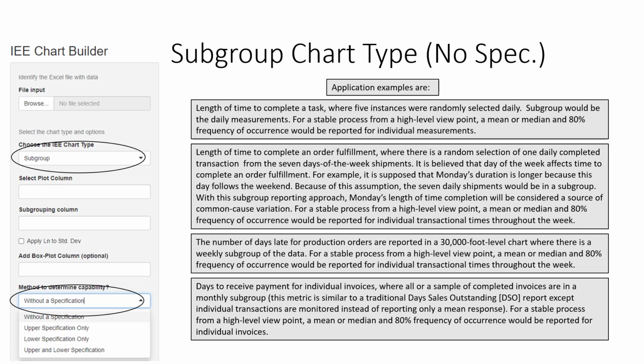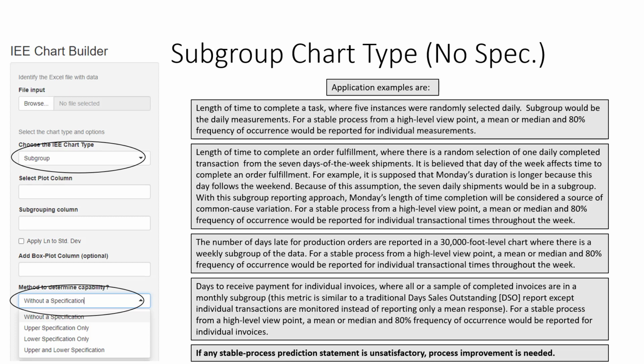This metric is similar to a traditional day sales outstanding or DSO report, except individual transactions are monitored instead of reporting only a mean response. For a stable process from a high-level viewpoint, a mean or median and 80% frequency occurrence would be reported for individual invoices. If any stable process prediction statement is unsatisfactory, process improvement is needed.